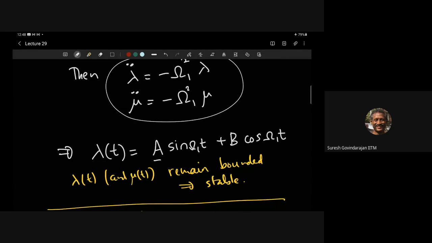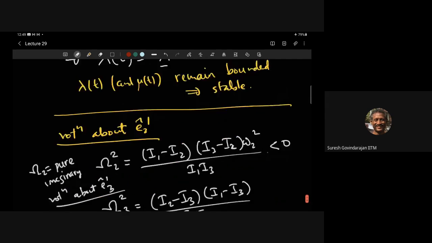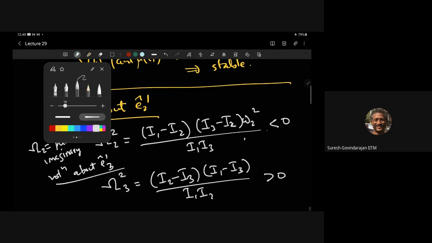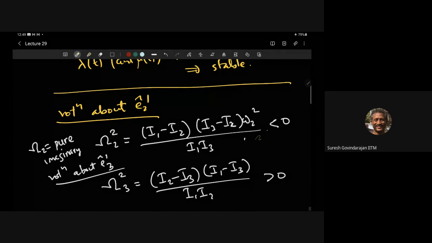And is that clear? So what can you say about this? Now the solutions lambda will keep increasing, so it can become exponential growth, so it's unstable.